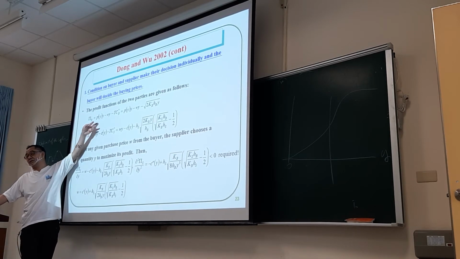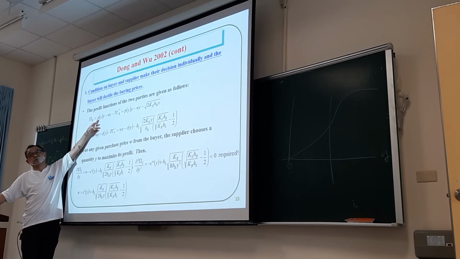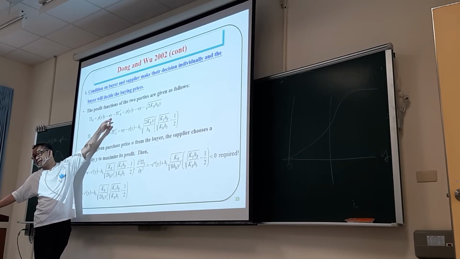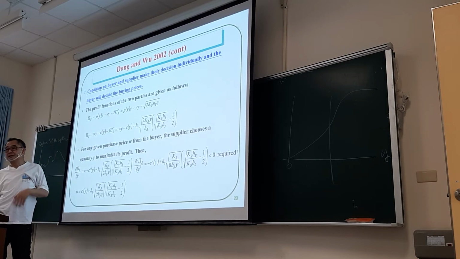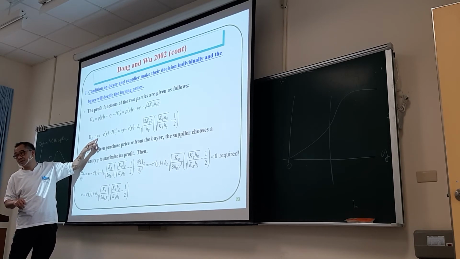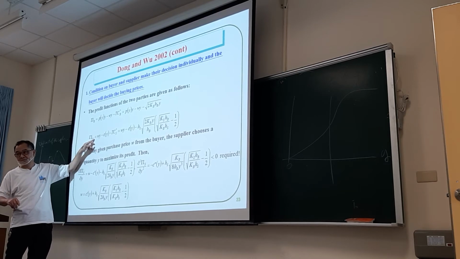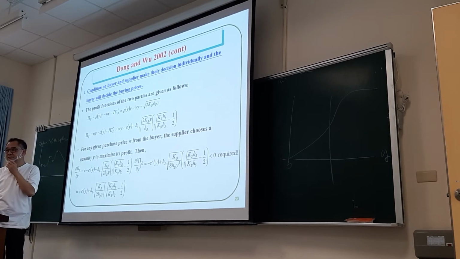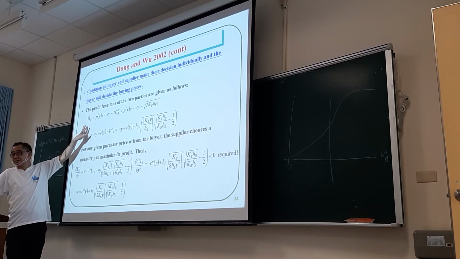This one is the sales income for the buyer, deducted by the wholesale price to buy the product from the supplier. So here is the revenue for the supplier. So this is income for the supplier. You see? This is the profit function.